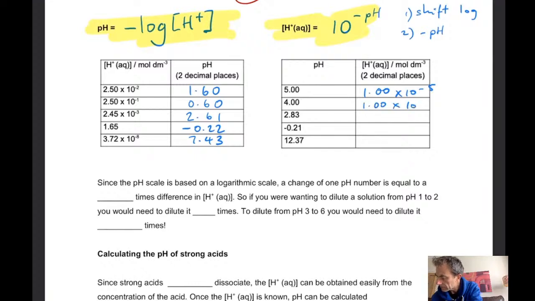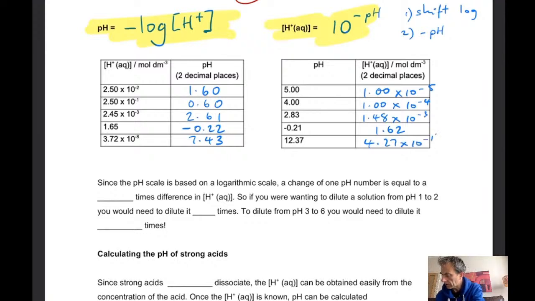The next one is 1.48 times 10 to the minus 3. The next one is 1.62, and the final one is 4.27 times 10 to the minus 13.